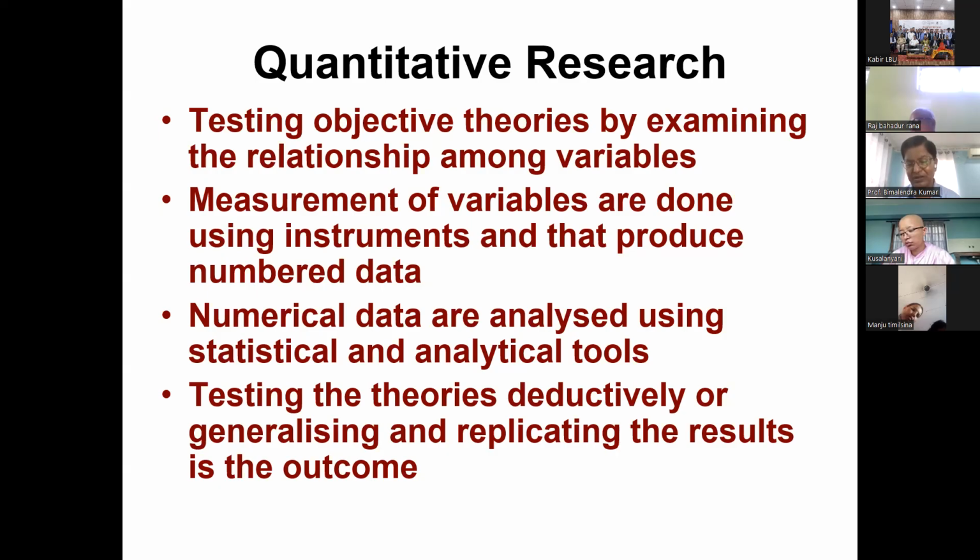The variables are tested through the laboratory or through numerical methods, as in the medical sciences, statistics, or mathematics. The theories are examined by how the numbers differ from each other. Again, in quantitative research, the measurement of variables is done using instruments, and that produces numerical data.